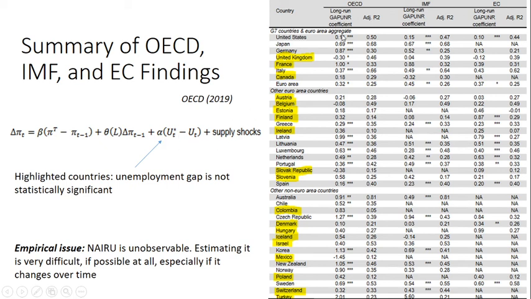In the OECD paper at least, they control for imported inflation, but in others they control for the price of oil and so on.